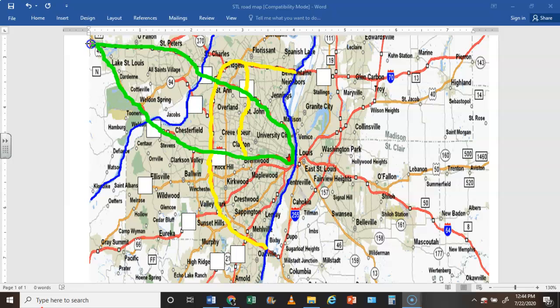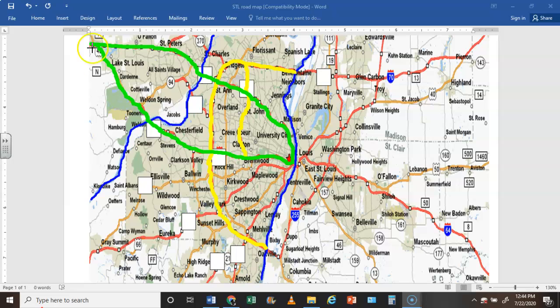And eventually, as you can see, Highway 40 and Highway 70 come together, and it basically just creates Highway 70. So 40 dead ends into Highway 70. And so Highway 70 is what you would take to go to Columbia. You can take Highway 40, and as you can see, it dead ends into 70, but Highway 70 going west will take you to Columbia.